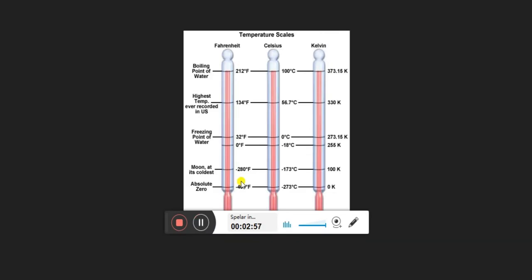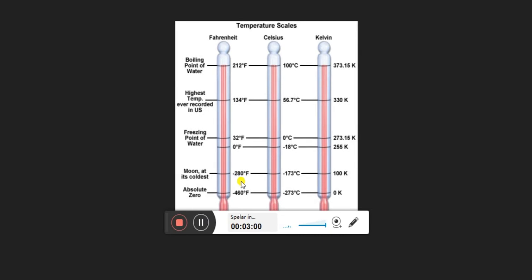Now when we compare these temperature scales with each other, here you can see the degree Fahrenheit scale given on this thermometer, then Celsius and Kelvin.